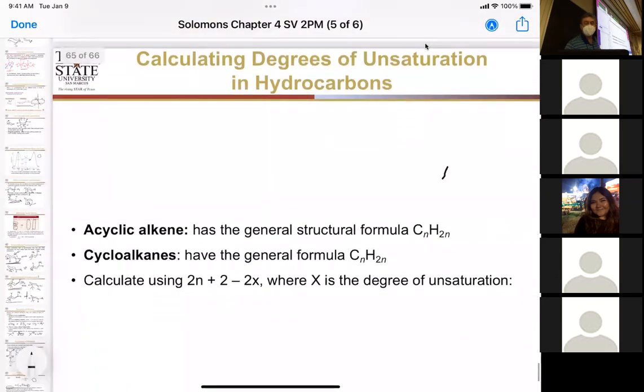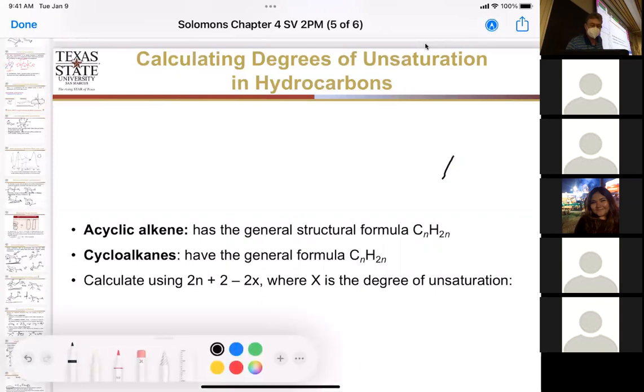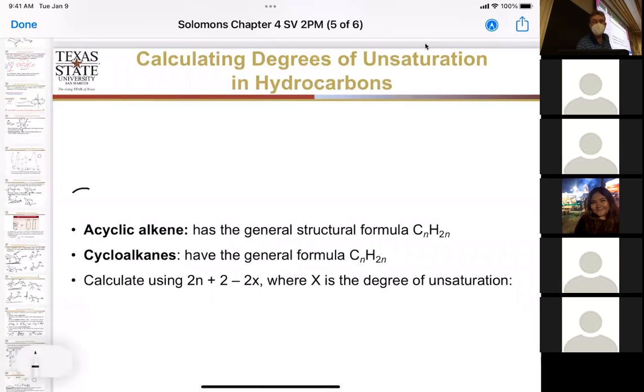So let's calculate the degree of unsaturation of an unknown compound. Okay, so let's say we have C4H6. Okay, so I'm going to do the calculation first, and we're trying to figure out what structures are possible here.